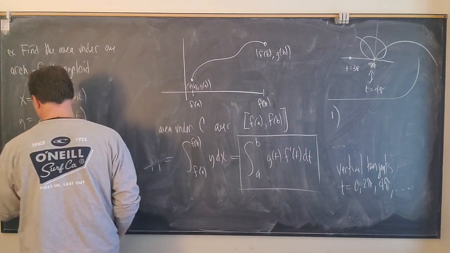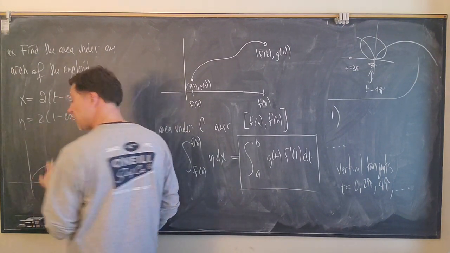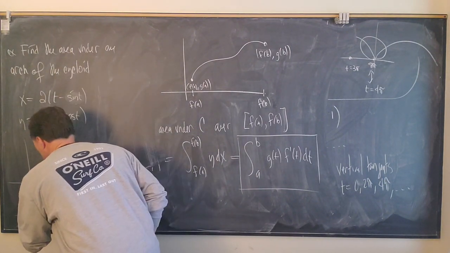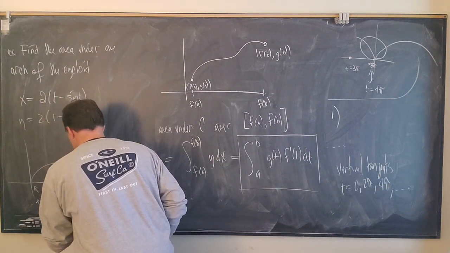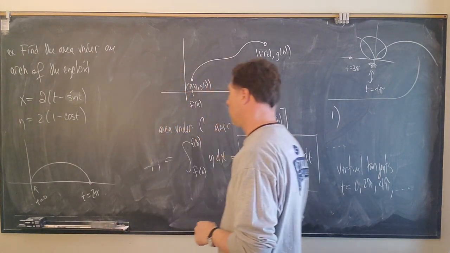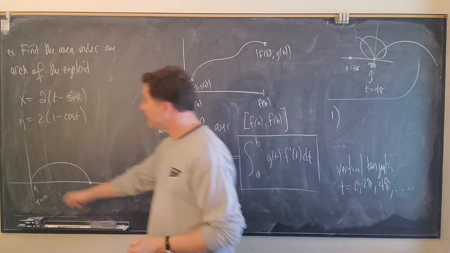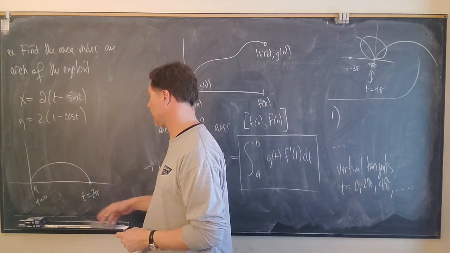So if I take one arch, for example, we could do the one that goes from 0 until t equals 2 pi. So this is t equals 0, and this is t equals 2 pi. Along the x-axis, this actual distance right here is 4 pi. It's the circumference of the circle.